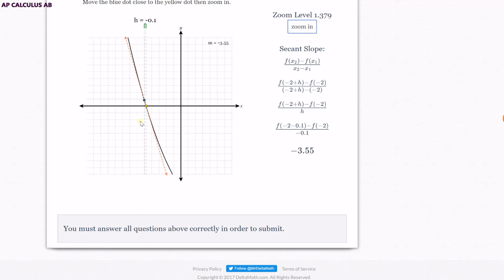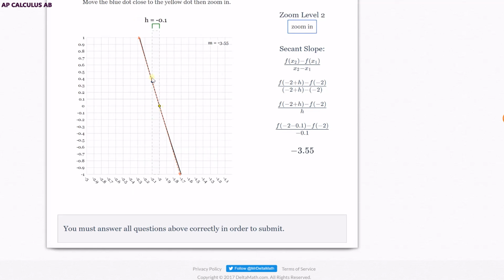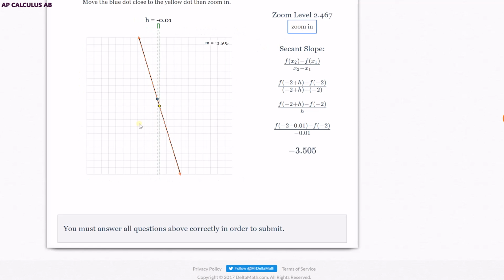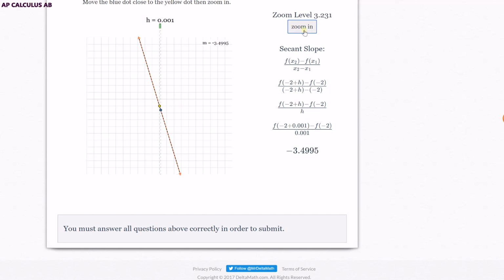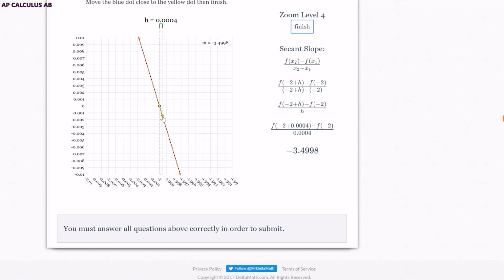Even if we zoom in, we can make these points even closer, and if you get close enough, you can see that orange tangent line is basically right on top of our function, and our function looks pretty much linear now, right? If you zoom in close enough, our function looks like a line, and this tangent line has the same slope as our function at that point, right?